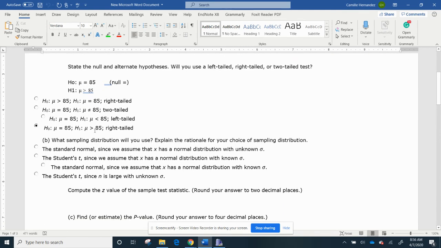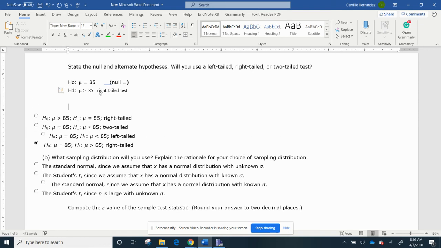And that is the same thing as that. Does that make sense? It's this one that I'm looking at. Because it's got the greater symbol, it's a right-tailed test. Okay? If you don't remember what these are, if it's less than, that's a left-tailed test.